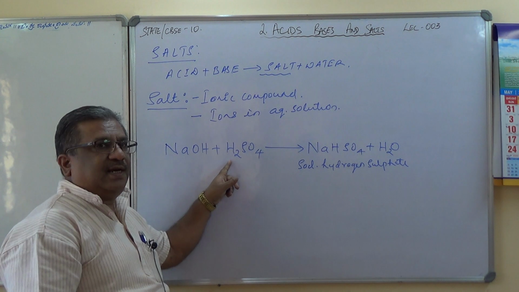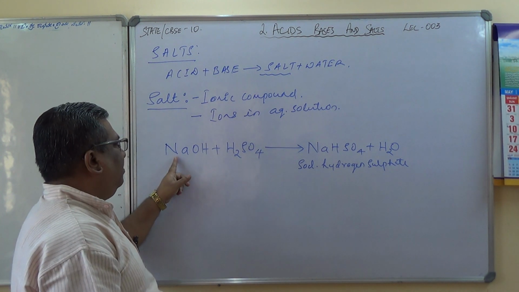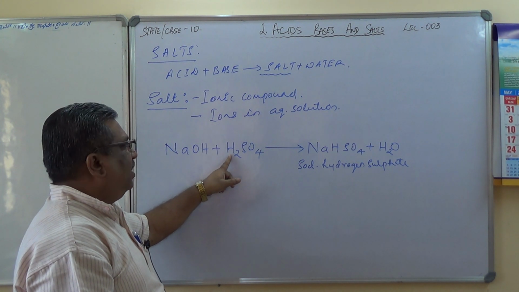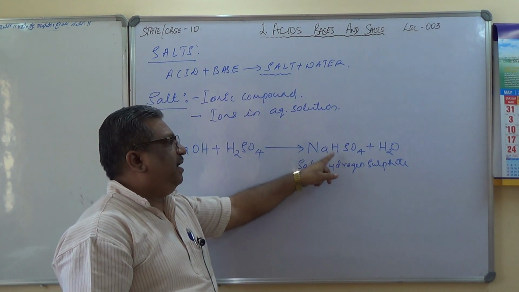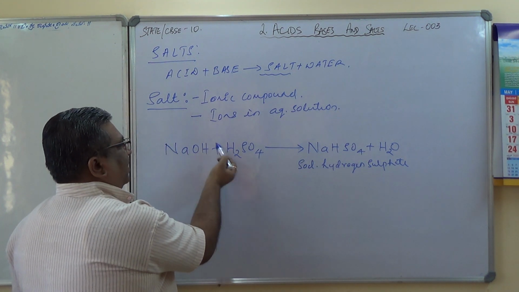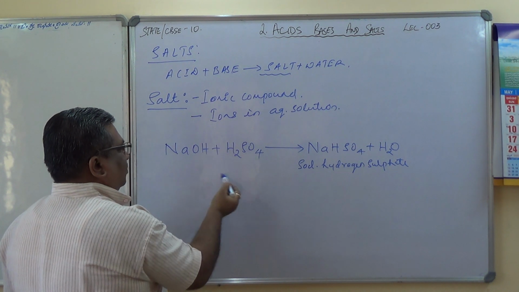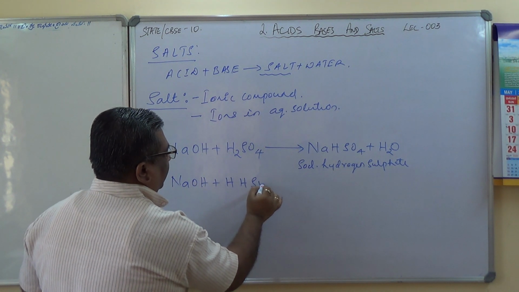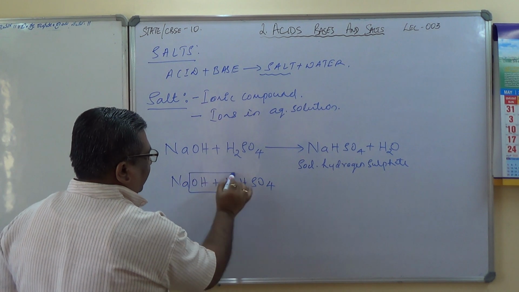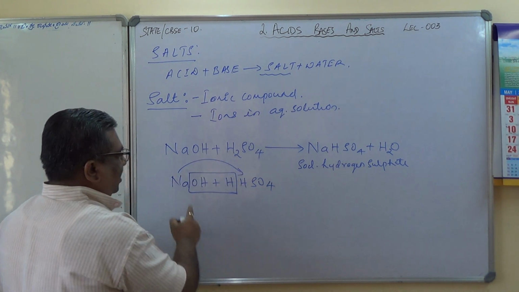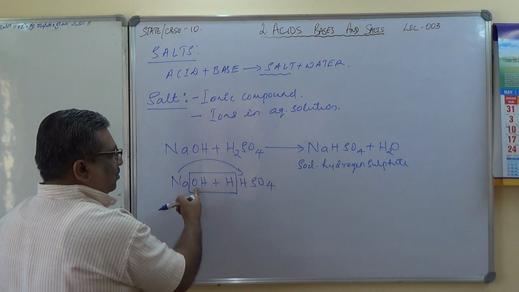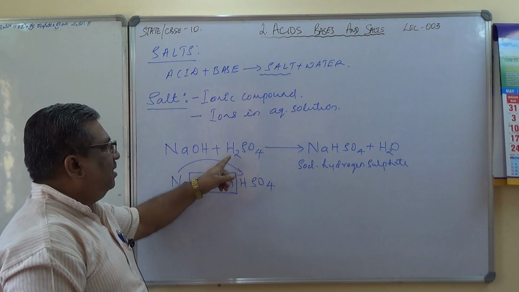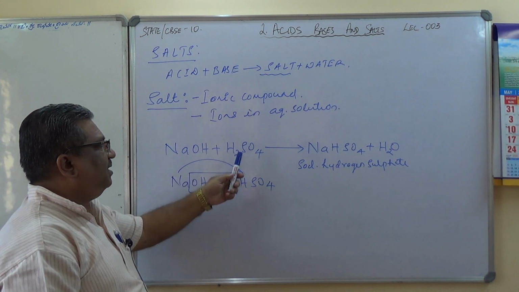How many hydrogen ions are replaced here? Sodium is a metal which replaces one hydrogen ion or one hydrogen atom from H2SO4 to form NaHSO4. One H has gone here, that has mixed with this OH ion. So I hope you are able to understand. Here I can write NaOH plus HHSO4. See here, this is how the reaction is taking place, and this combines with this. So NaHSO4, this H plus OH combined together is water. That means, can I say here, there are two hydrogen atoms present in the sulfuric acid.